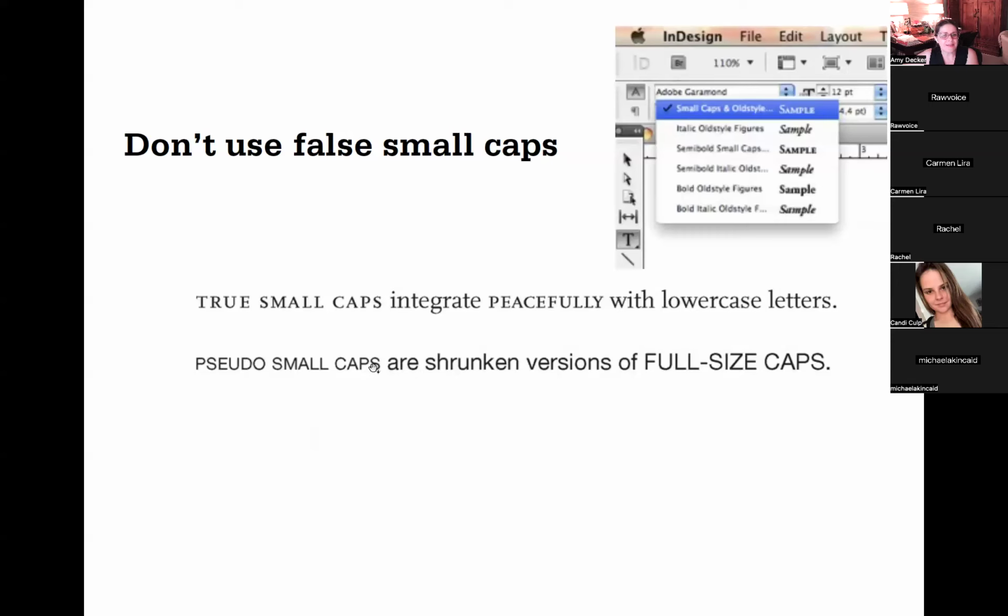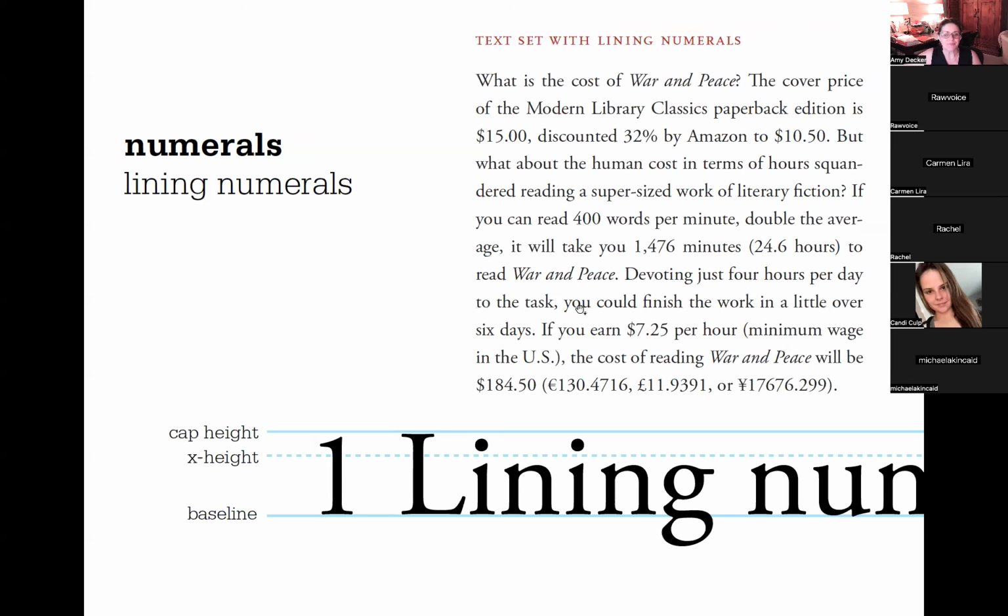They don't work together because their stroke weights are different, because you've shrunk them. So in other words, only choose typefaces that have a small cap option, like Adobe Garamond has small caps. If you want to use small caps, you would choose Adobe Garamond small caps, not try to shrink capitals to make them fit. Okay. Thank you. Perfect.